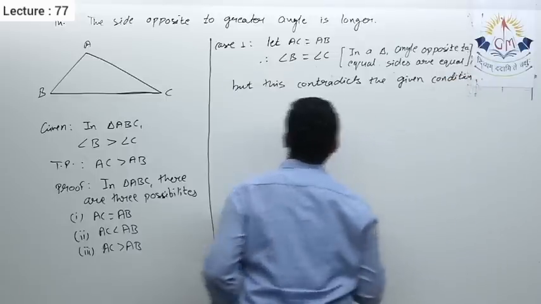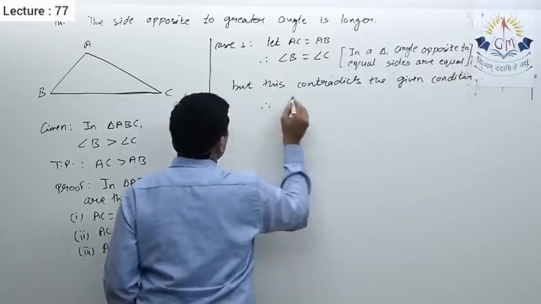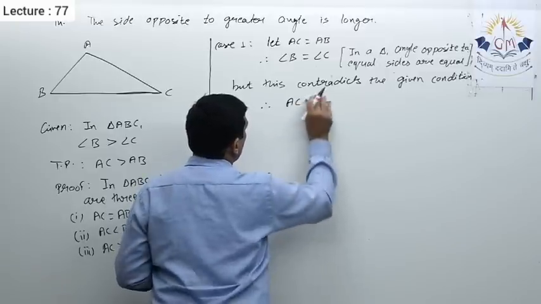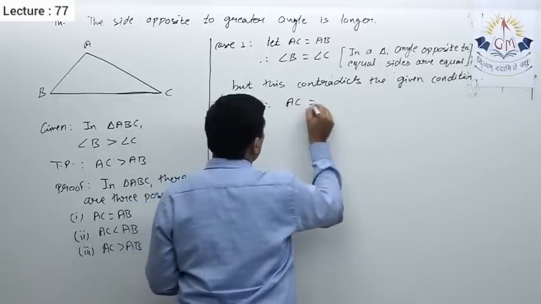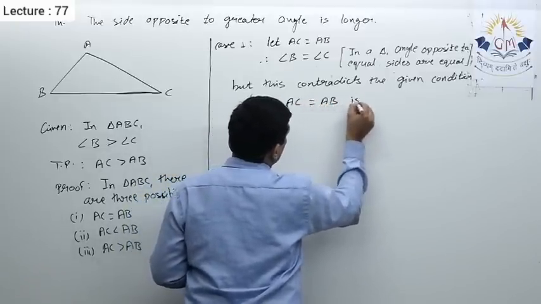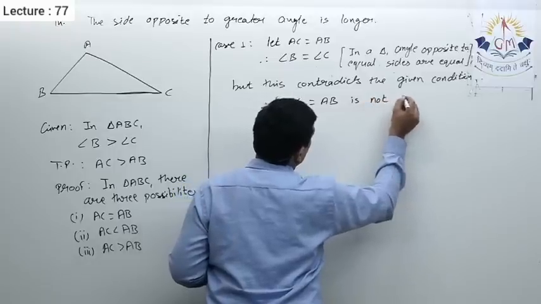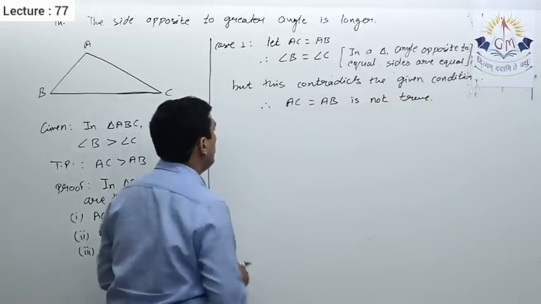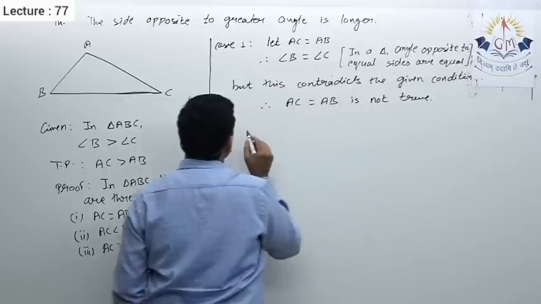Therefore AC equal to AB is not true, so AC is not equal to AB.